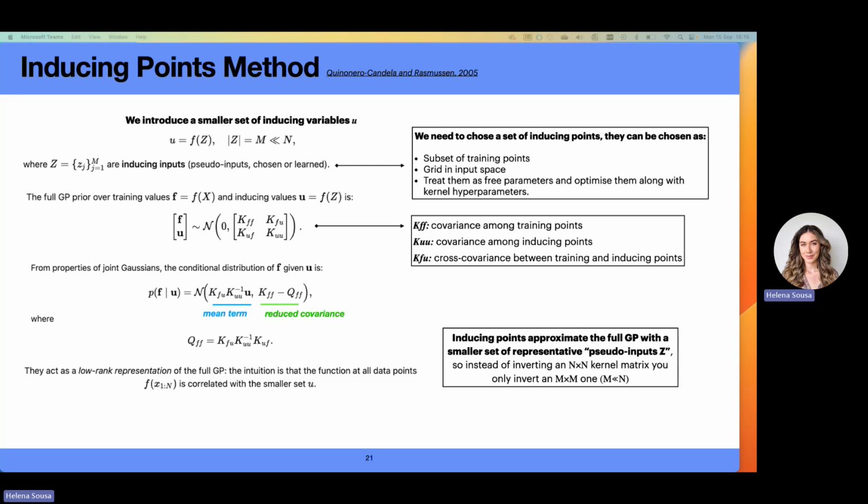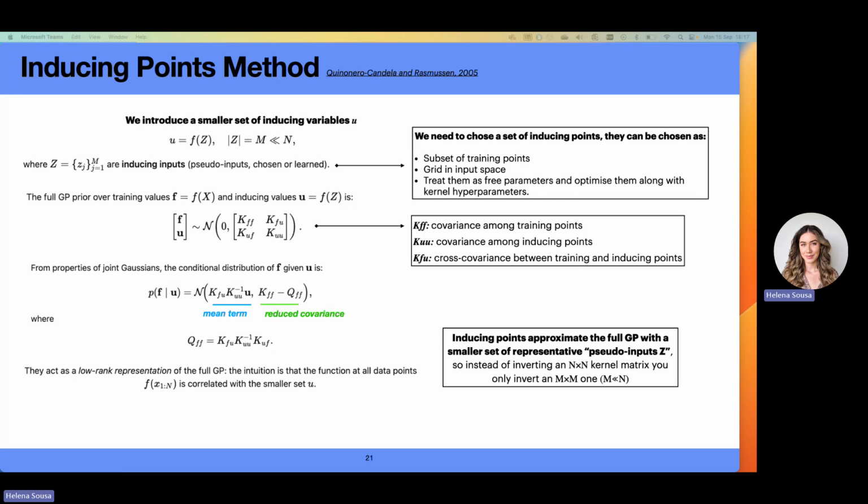So we can say that the inducing points act as a low rank representation of the full covariance matrix. Instead of using the full Q of FF, we approximate it, and we don't need to invert the kernel matrix, which has a size of n by n, our full training points.